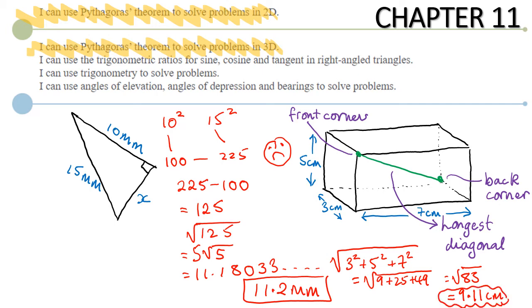So basically, for any cuboid, if we called the lengths of the cuboid A, B, and C, this longest diagonal is the square root of A squared plus B squared plus C squared. So we're finding the longest side, like we are in triangles. So you just square, add, square root, but this time you just do it with 3 numbers instead of 2.